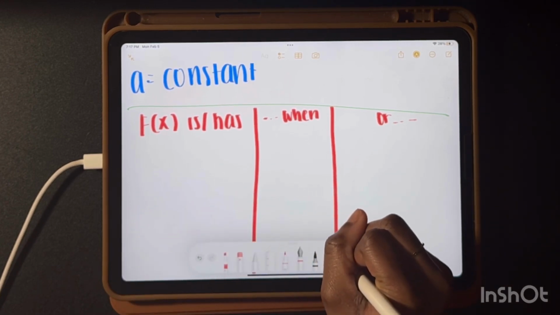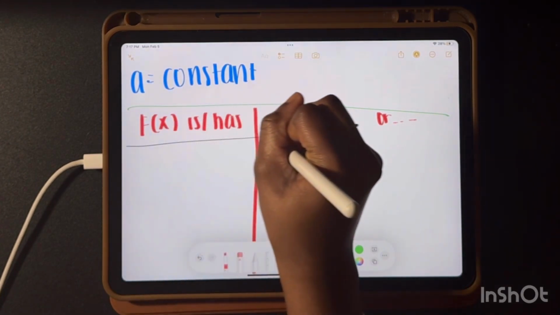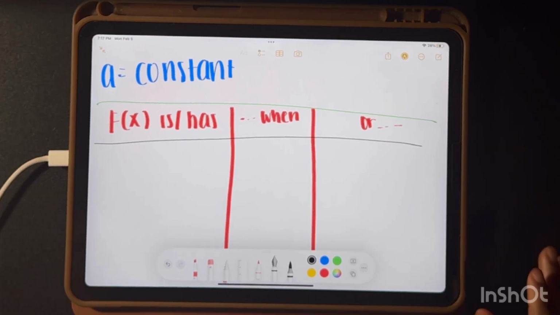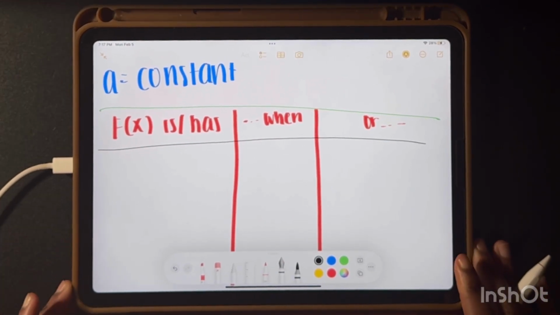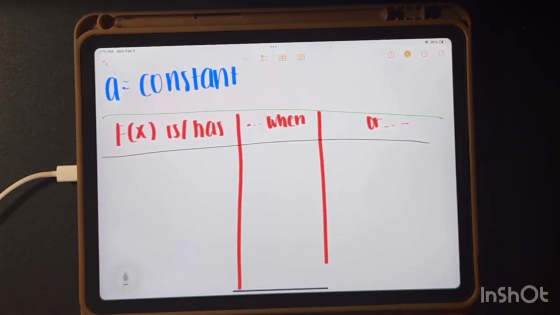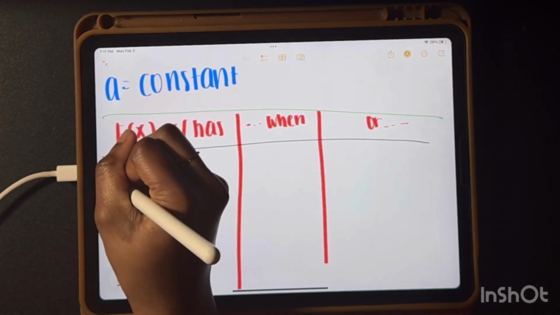This is going to be a very helpful tool to help us organize our different behaviors, because it is a lot. You will already know most of these behavior rules, because they are the same rules we use for increasing, decreasing, and concave for f prime and f double prime. So let's start with our first one.